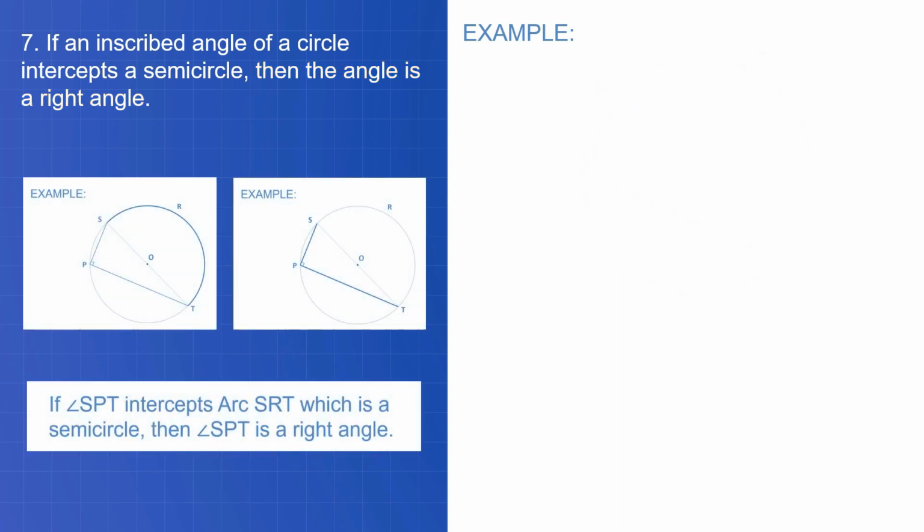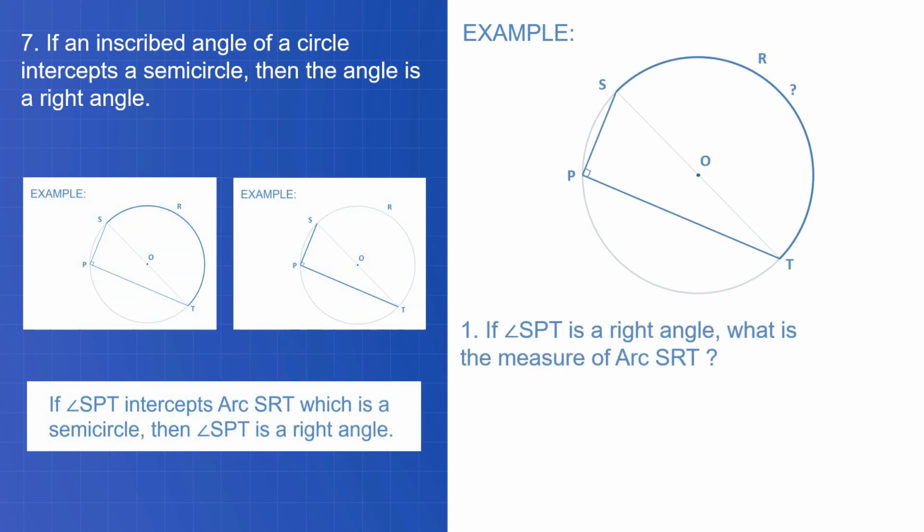Now let's try to answer this example. If angle SPT is a right angle, what is the measure of arc SRT? Actually, we can determine the value of arc SRT without even doing anything, because right angle means 90 degrees and semicircle means 180 degrees.